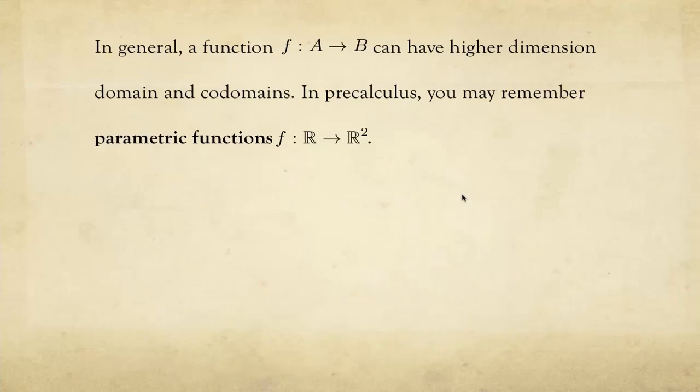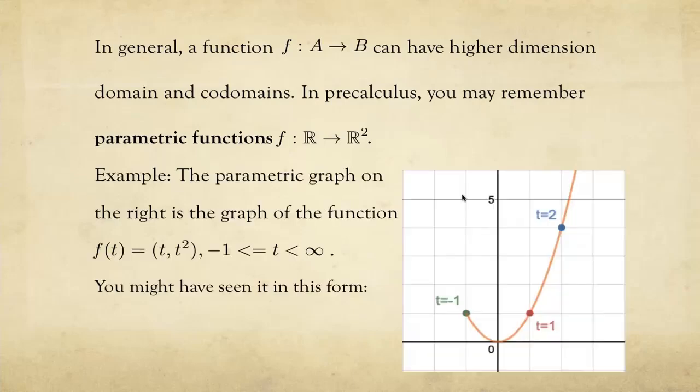But in general, a function can have higher dimension domains and codomains. So for example, in precalculus, you might remember parametric functions, which is a function from the real numbers to R squared. So as an example, here's a parametric function. It takes t, which is the input, and then it returns a two-dimensional vector, t, t squared. So for example, if we were to graph this, and t is going to go from -1 to infinity.